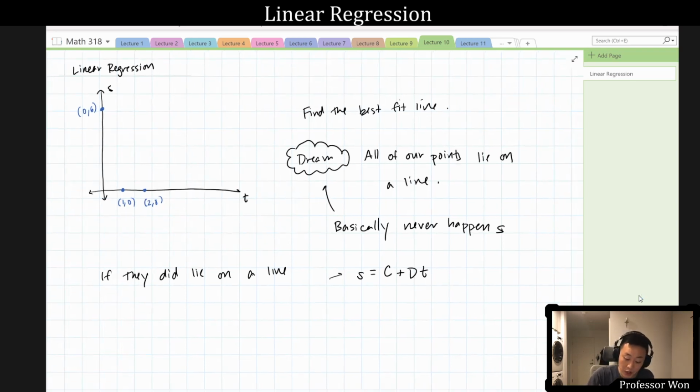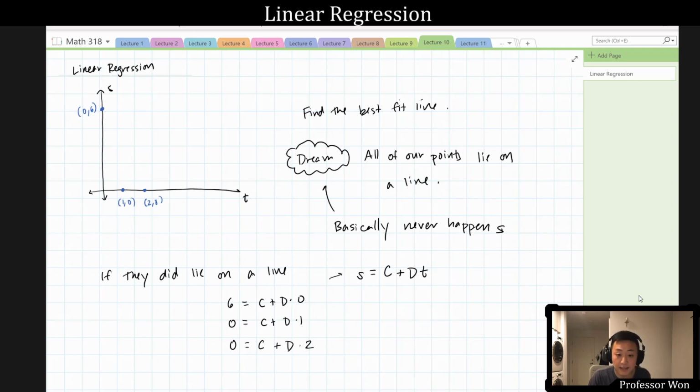In other words, you would have 6 equals c plus d times 0, and you would have 0 equals c plus d times 1, and you'd have 0 equals c plus d times 2, if they all lie on a line.